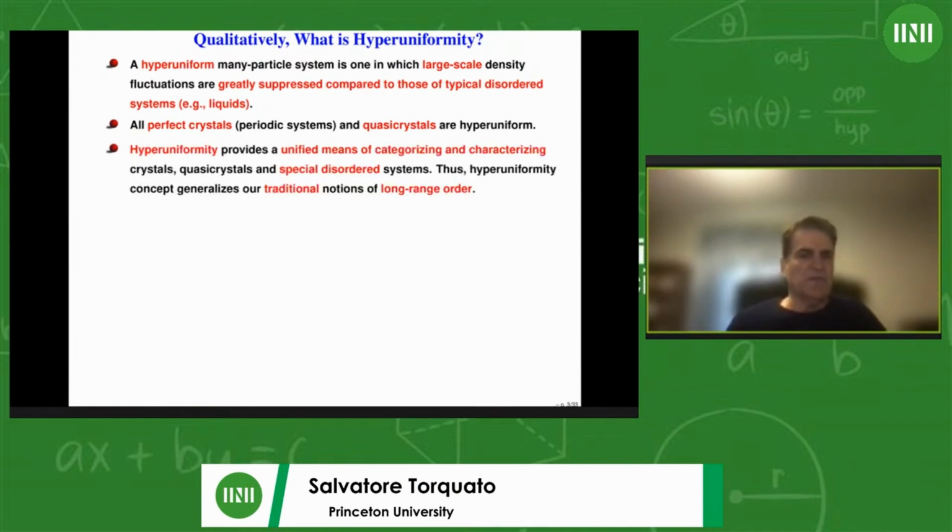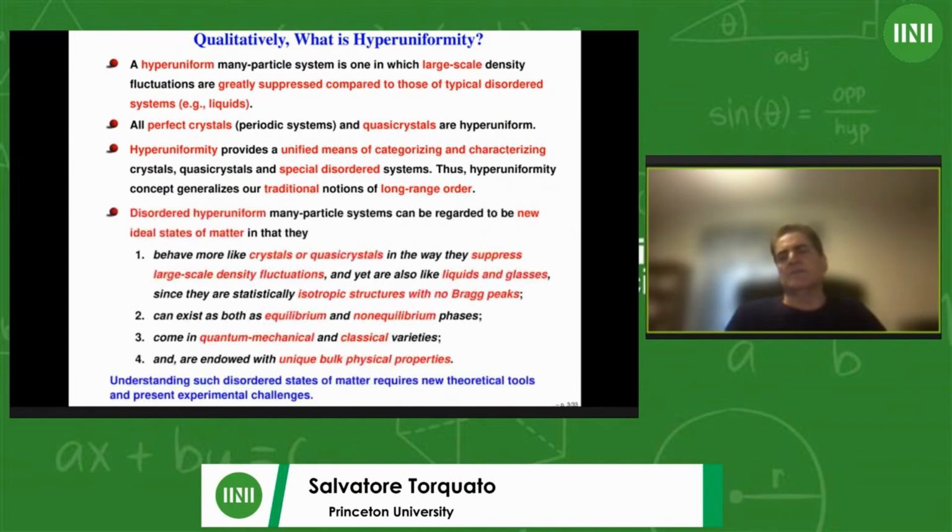So hyperuniformity provides a unified means of categorizing and characterizing crystals, quasi-crystals, and special disordered systems. So you can think of hyperuniformity then as generalizing the traditional notions of long-range order that we learned from perfect crystals, crystallography, and quasi-crystals. But now it includes disordered systems, exotic ones.